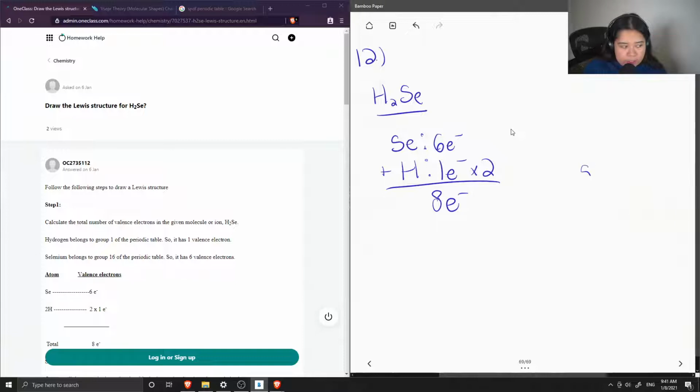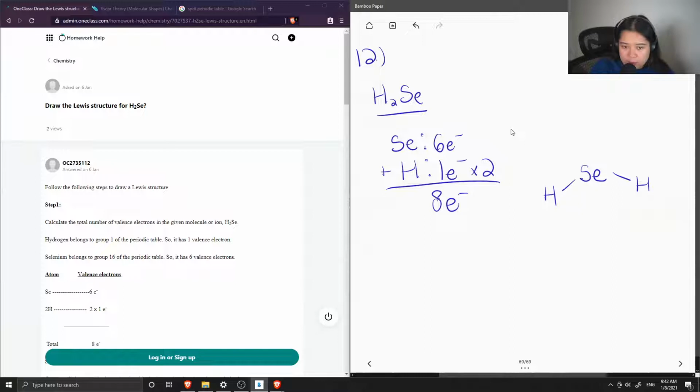So we draw selenium as our central atom, and then 2 single bonded hydrogens. If we remember that each bond contains 2 bonding electrons, then I've only drawn 4 electrons so far out of the 8.